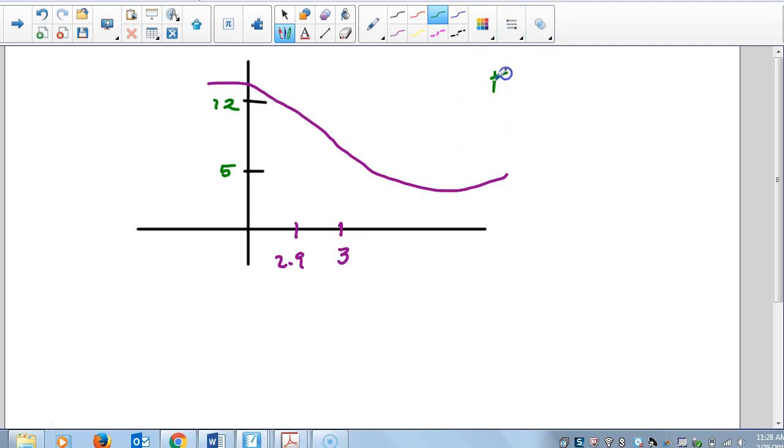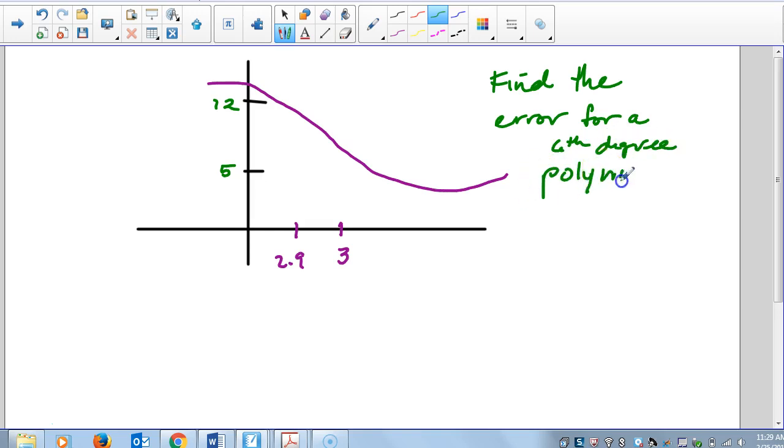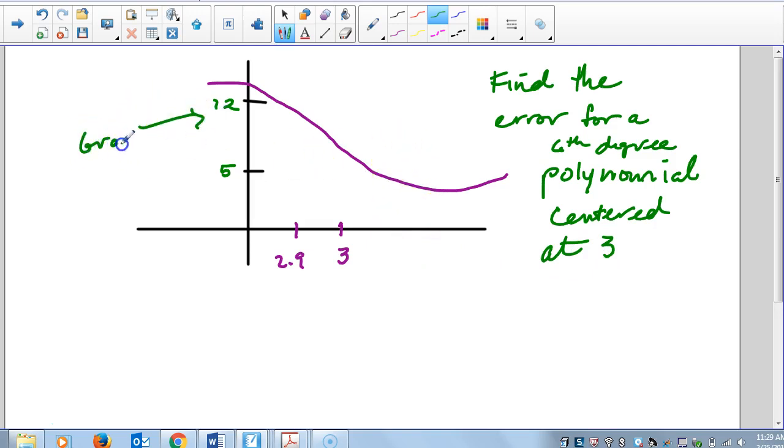They'll say, find the error for a 6th degree polynomial centered at 3, given that this is the graph of T7.